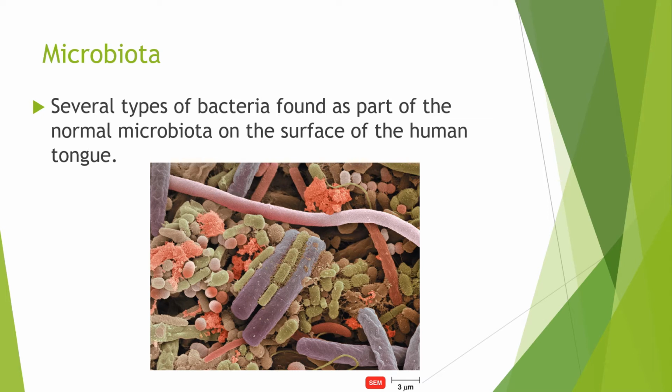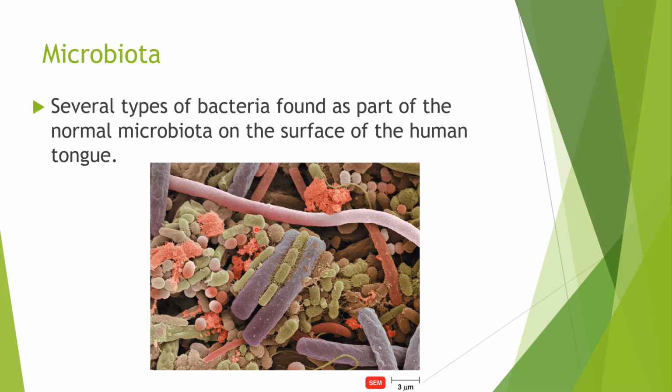Now, the microbiota, we refer basically to the microbes that live inside of us or on our skin as microbiota or microbiome. And this is an image right here of the microbiota that you would actually find on the surface of your tongue.